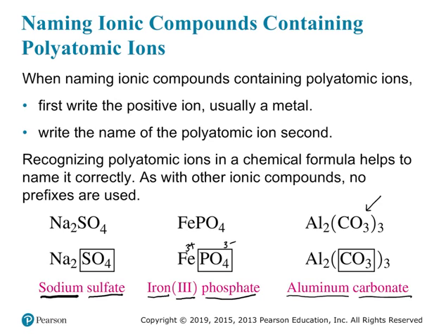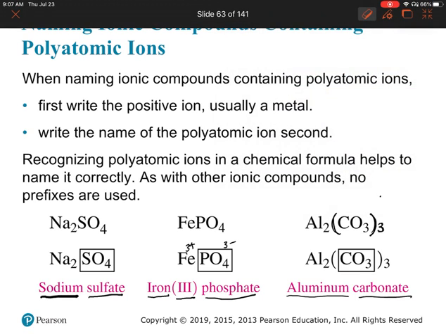Now also notice that here we have multiple carbonate polyatomic ions. We've separated the polyatomic ion from the rest of the compound with parentheses, and then we put a subscript 3 next to it. So if you do have multiple polyatomic ions in your compound, you have to put parentheses around it before you indicate how many of them you have. And that's because, let's say we wrote this as Al2CO3 3.